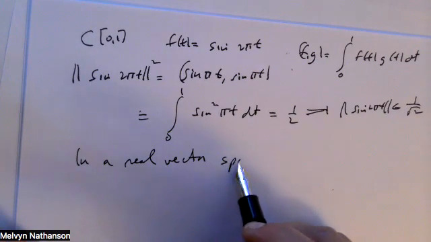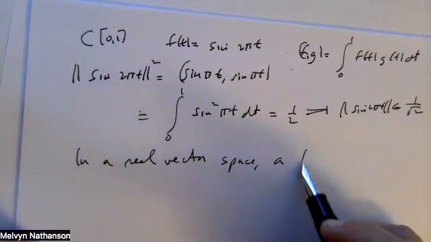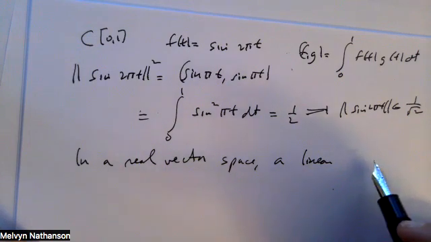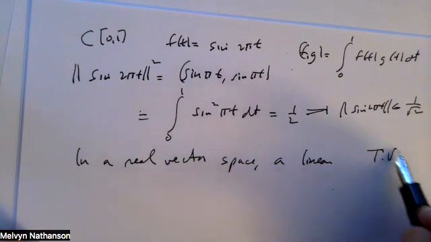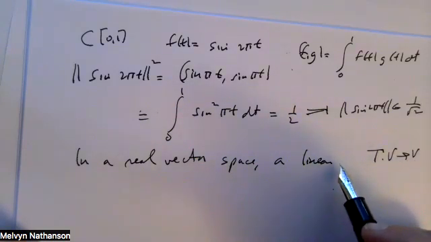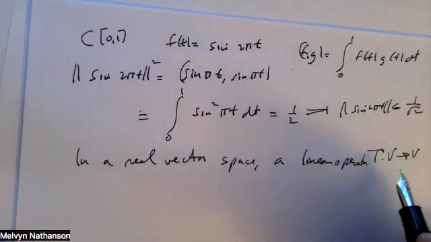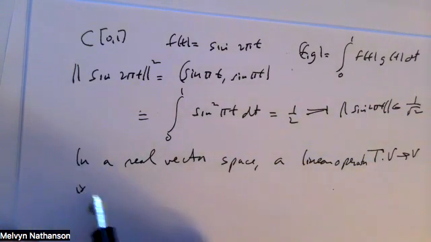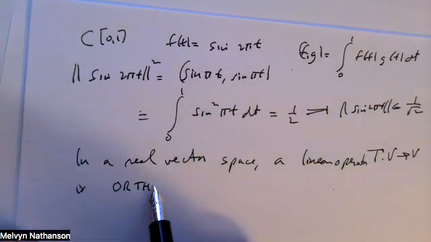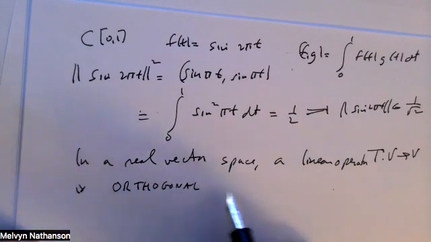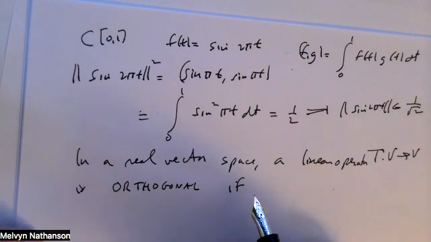In a real vector space, a linear transformation from the space to itself is called a linear operator. Operator just means you're going from the space into itself. A linear operator T is called orthogonal if it preserves length.